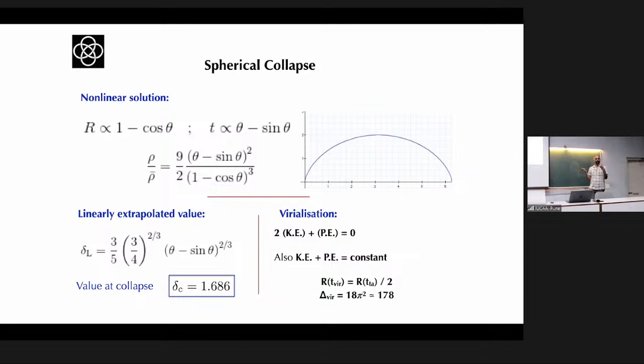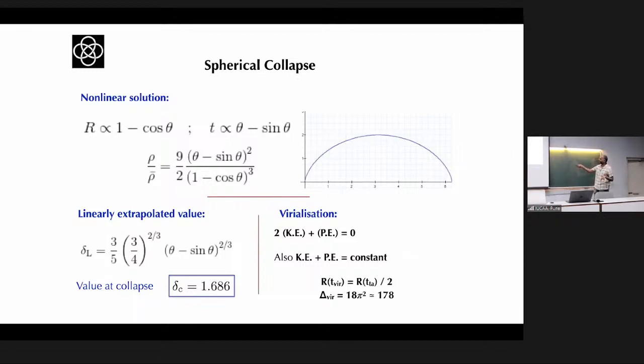So this model is extremely nice because it is now telling you that although we didn't assume anything dramatic, this system is going to start from pretty realistic initial conditions, a tiny perturbation around the mean density with outward velocity flow as in Hubble's law. It will go outwards, it will turn around, it will come back in, and then if you demand that the real system should virialize, you can ask for not only the size of the system, but also the density of the system.